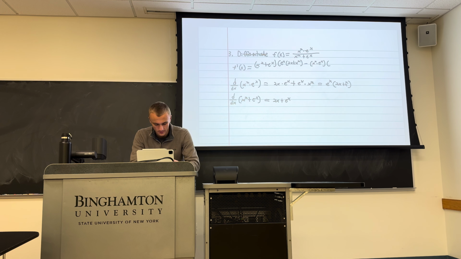And therefore, we'll put that right up here, 2x plus e to the x. And then all that is going to be divided by the bottom term squared, so x squared plus e to the x squared. And that is the derivative.